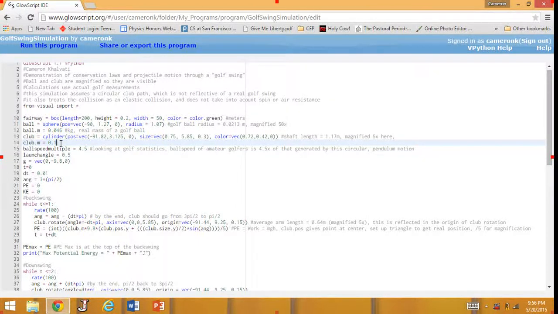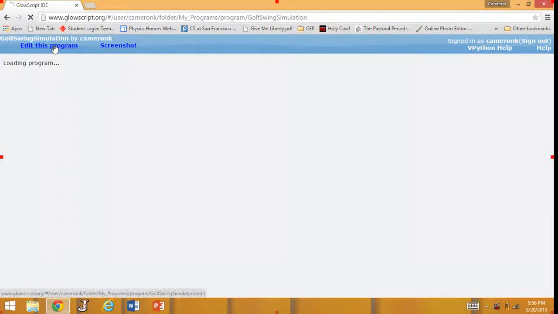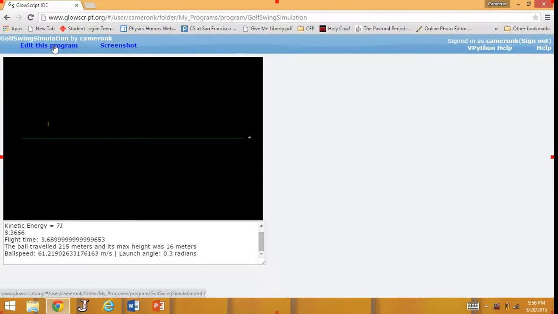So let's say I want to increase the mass of the club, but decrease the launch angle. I'm going to get a different ball flight. So lower ball flight, since I increased the mass of the club, the distance actually increased to 215 meters, but max height was lower.